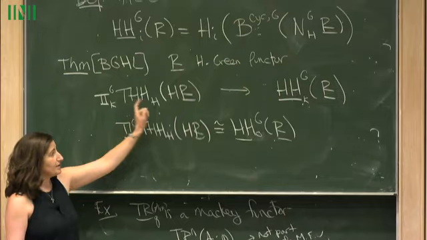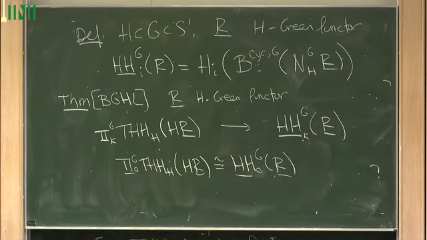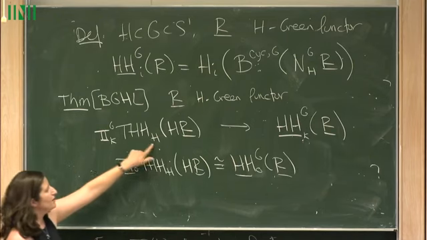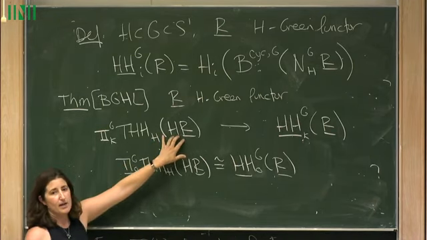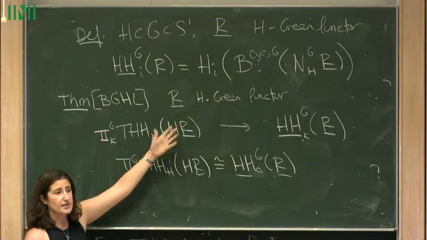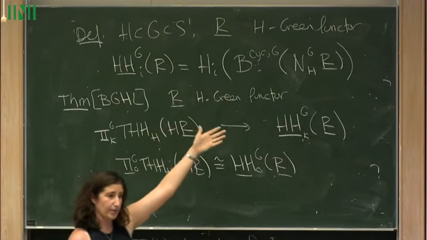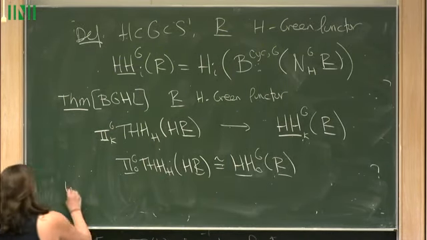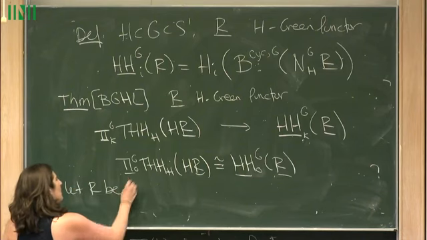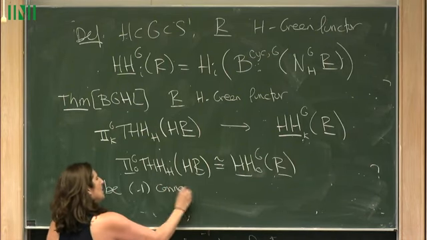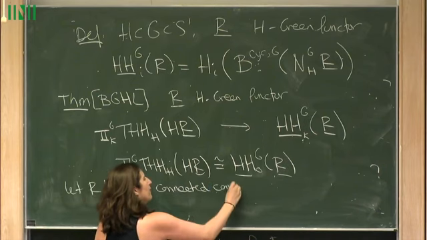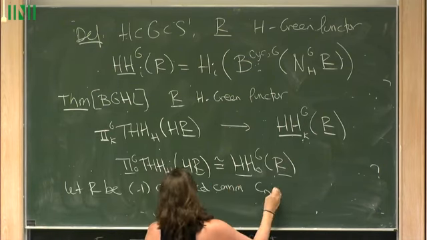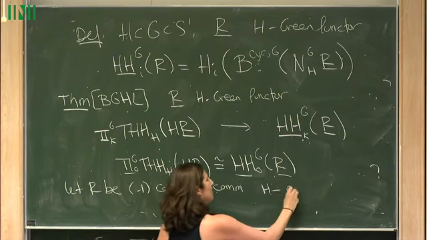But this just maybe is an argument that we have the right thing, but remember H relative THH was something we could do for any H equivariant spectrum. So I'd like to ask, what if I plug in something that's not an Eilenberg-MacLane spectrum? What happens then? So let R be a -1 connected commutative ring spectrum.